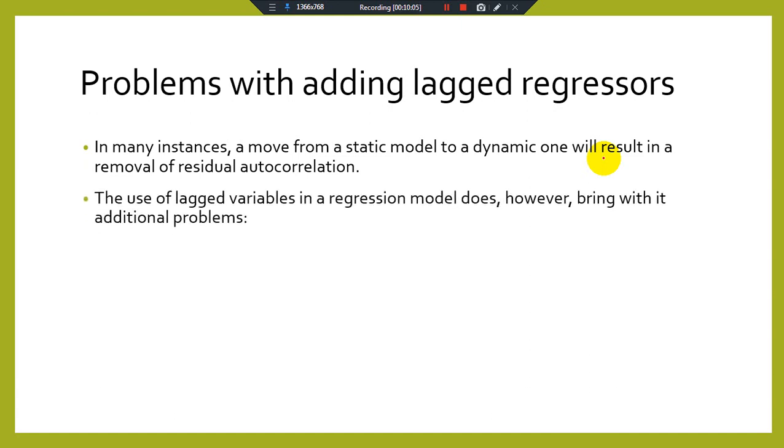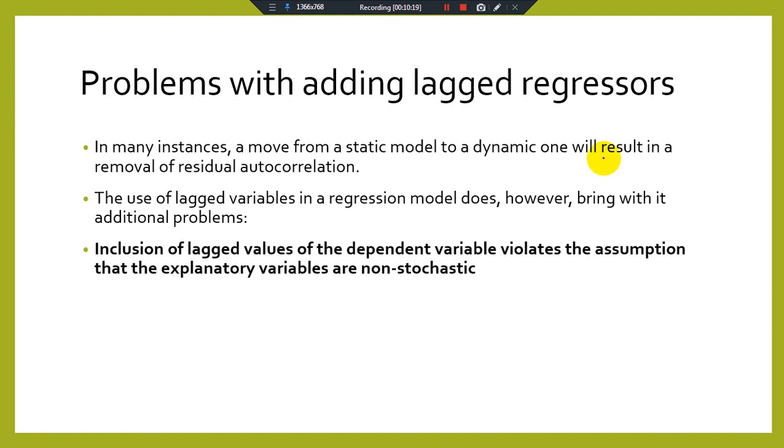But when you use the lagged value for your regression model, there are some additional issues or additional problems, although you have removed the autocorrelation of your residual. First one, inclusion of lag value of the dependent variable violates the assumption that the explanatory variables are non-stochastic.